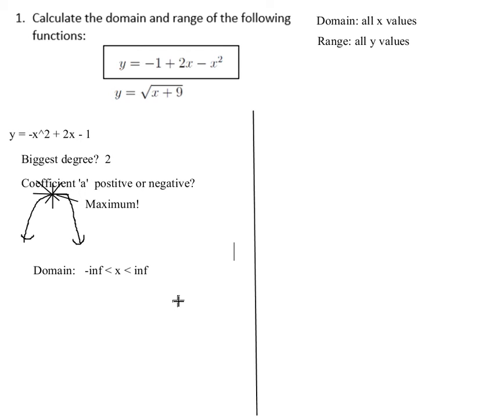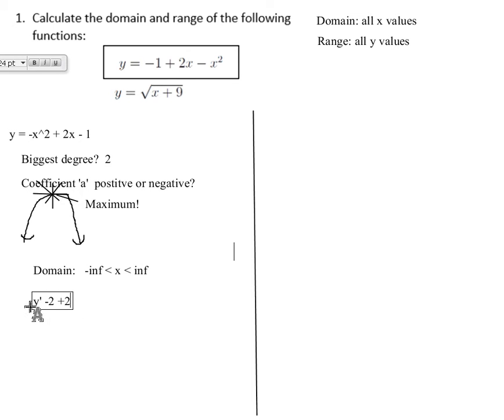Yeah, so our range is going to have an upper limit, and we need to figure out what that upper limit is. Now, how do we find out the turning point of a polynomial? You find the derivative.